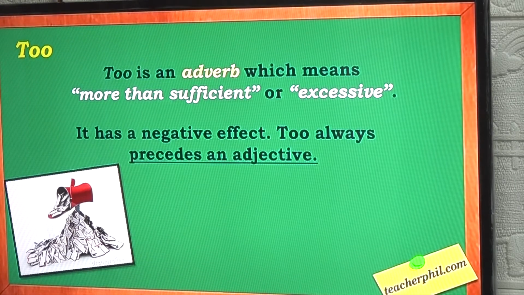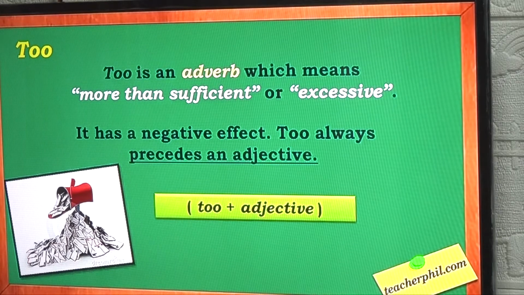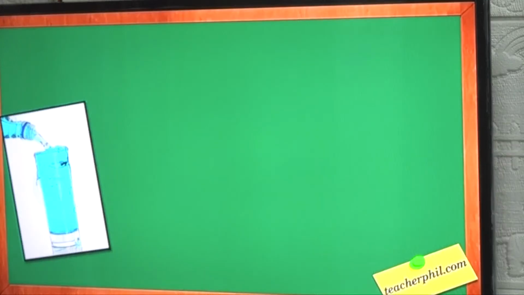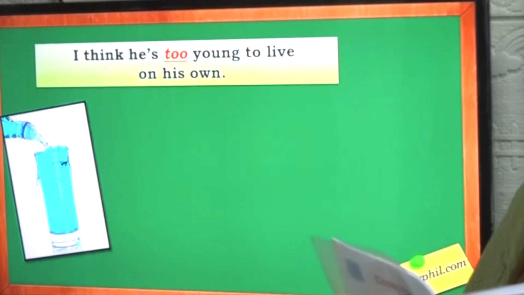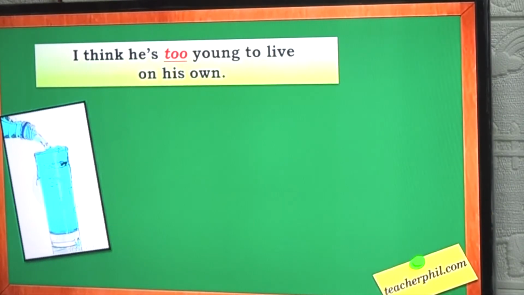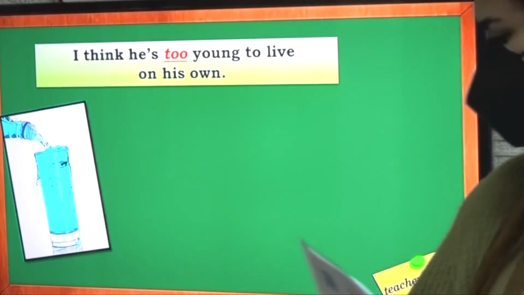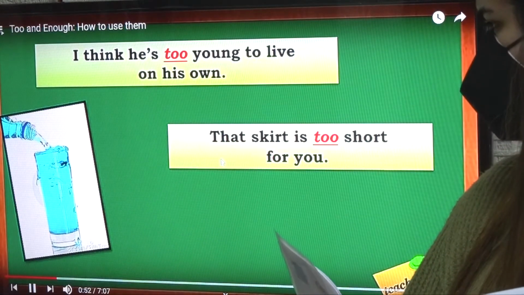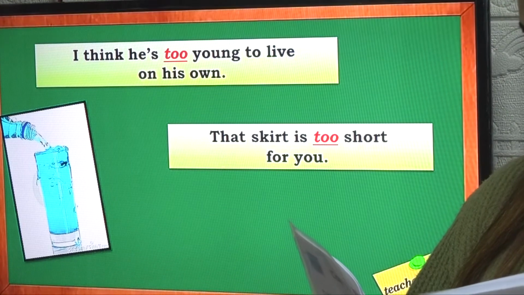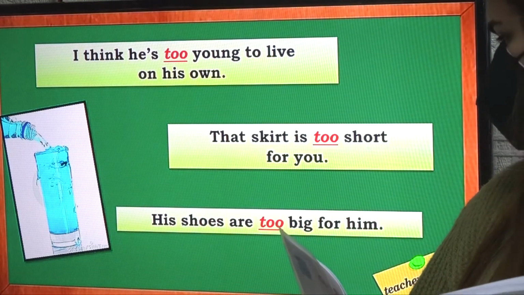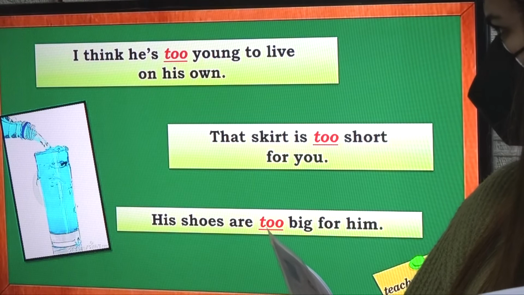"Too" always precedes an adjective. So we have "too" plus the adjective. Examples. I think he's too young to live on his own. That skirt is too short for you. His shoes are too big for him.